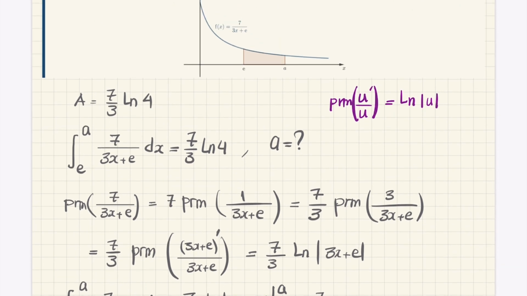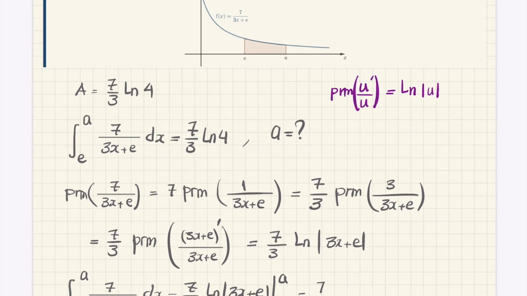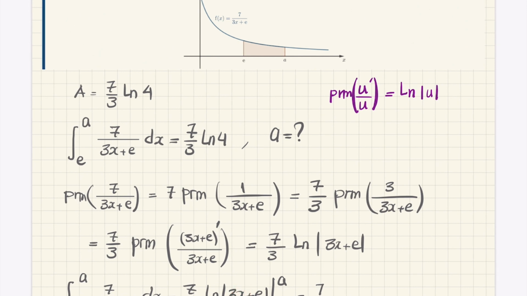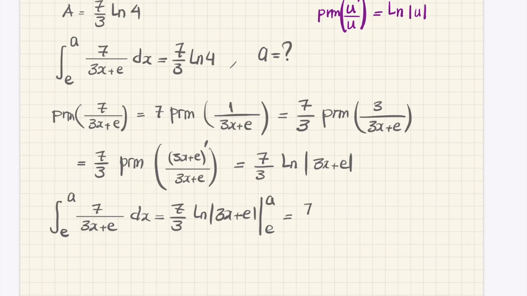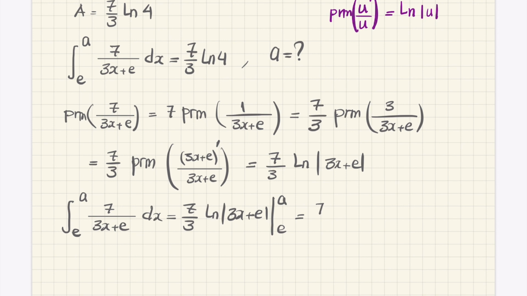Let us get rid of it, because x is definitely positive. You see, I am on the positive side of the x-axis. When x is positive, multiplied by 3 it is positive, and e is positive. So I really don't need to bother about the absolute value sign. If you don't mind, let me remove it and replace it with a pair of brackets.